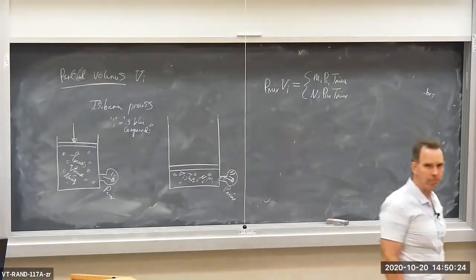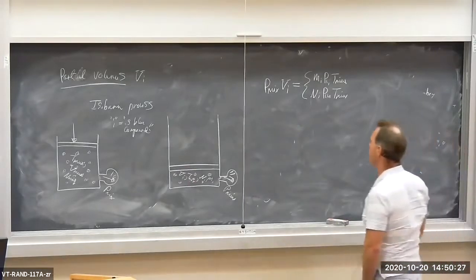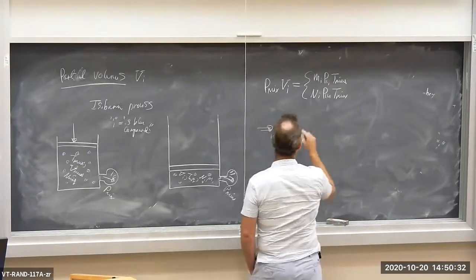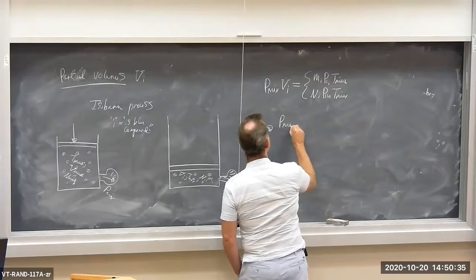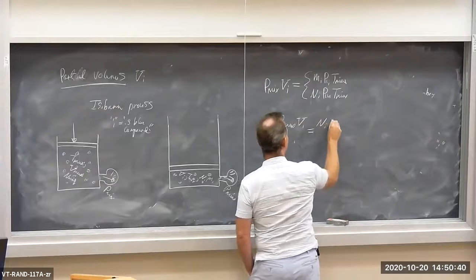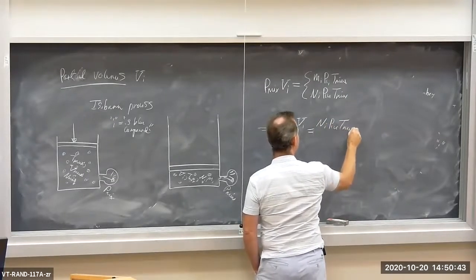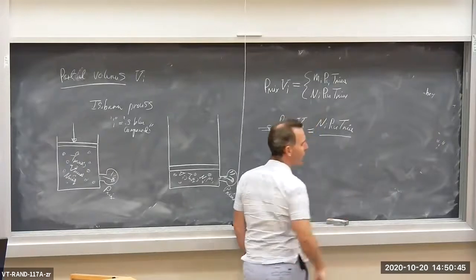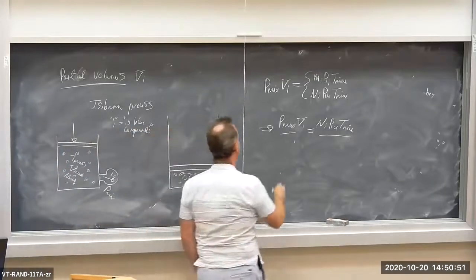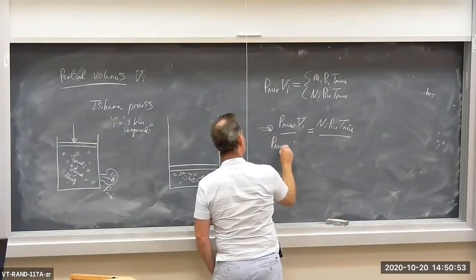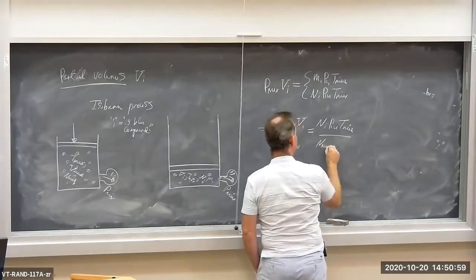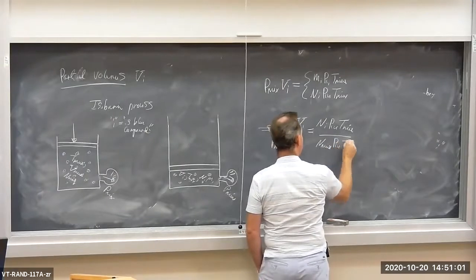How do I calculate the component volume, V sub I? Well, let me take the second equation here. P mix V sub I equals N sub I Ru T mix, and I'm going to again divide this equation by the ideal gas law applied to the mixture. So I get P mix V mix equals N mix Ru T mix.